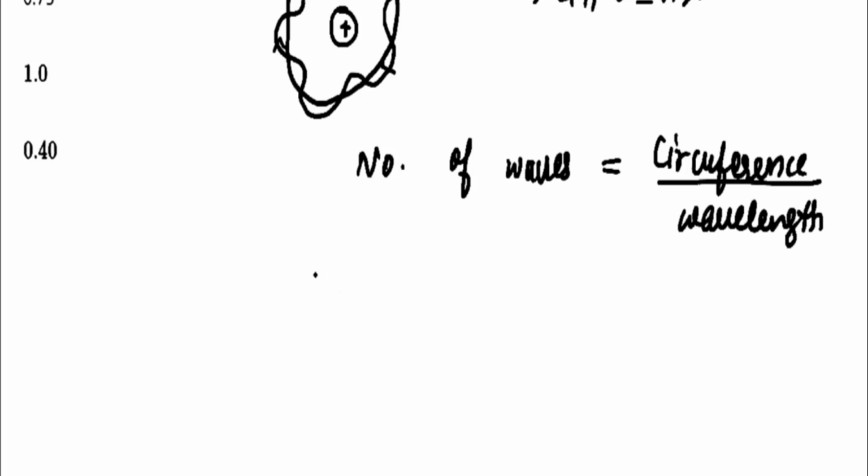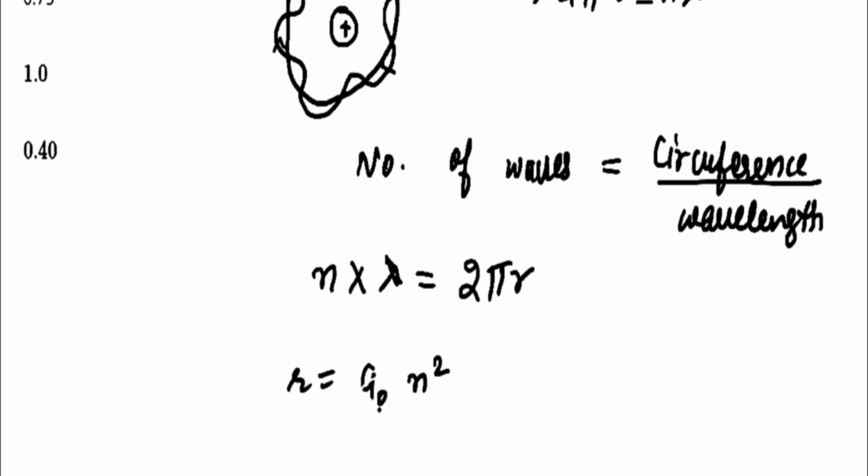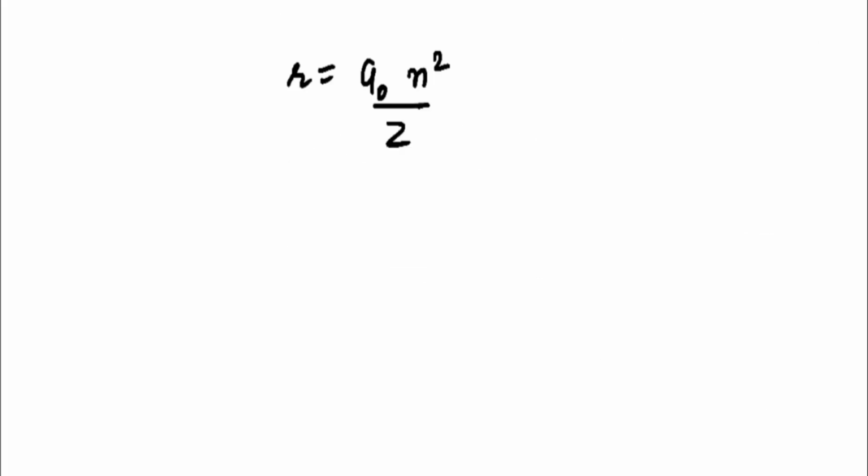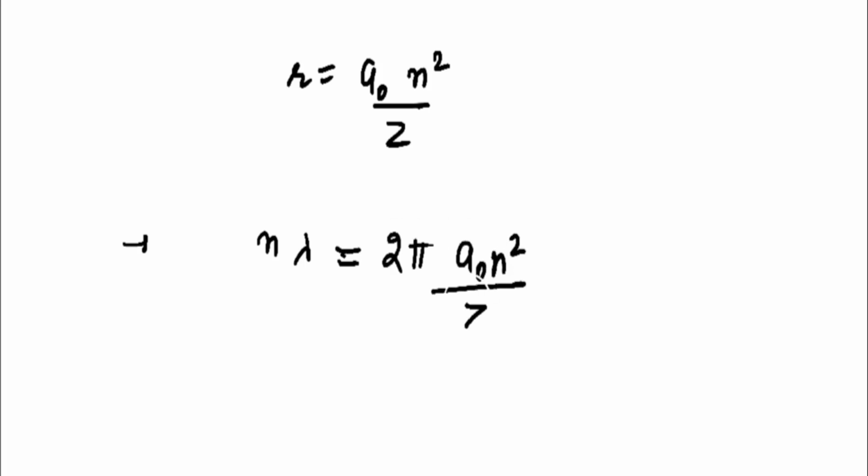Okay, n is the number of waves and lambda is the wavelength, and the circumference of the circle is 2 pi r. We know that the radius of an atom is given by r equal to a naught n square by z. Now this equation becomes n lambda equal to 2 pi a naught n square by z.